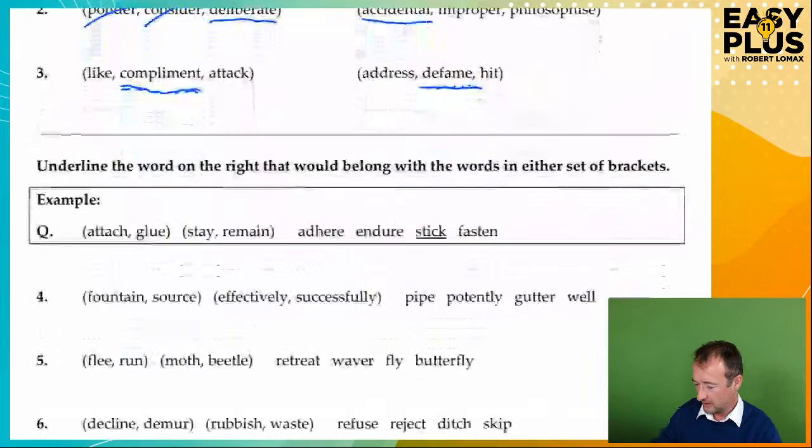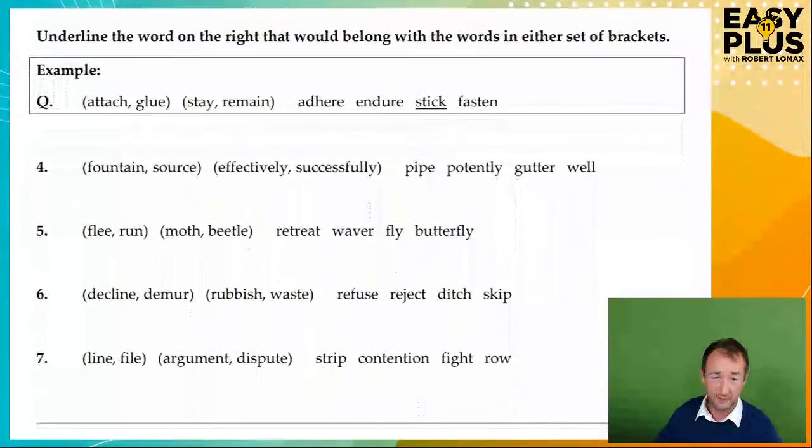Right, powering on to the next section. Again, if you're rewatching this, this would be a great time to pause the video and have a go at these questions. Right, underline the word on the right that would belong with the words in either set of brackets. So, fountain, source. These are objects, places that something comes from, possibly a liquid.